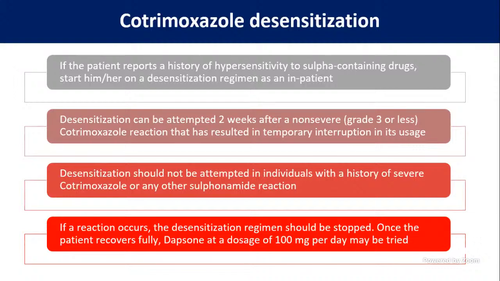In a nutshell, if it is grade 4, we do not re-challenge. We re-challenge grade 1 to grade 3 after a 2-week period, and if there is a rash again, then we do not re-challenge at all, but put the patient on dapsone either for prevention or treatment. Next slide.